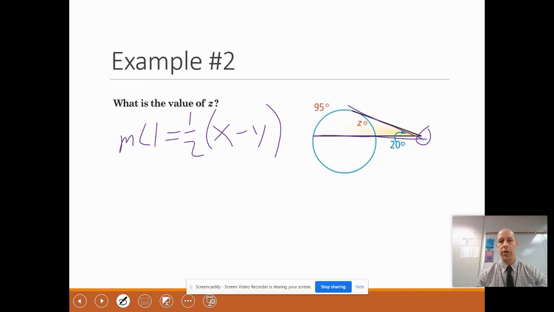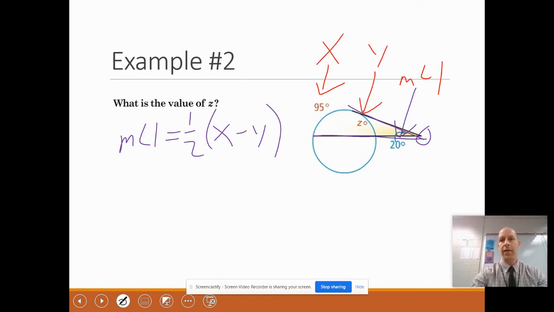Here is our angle 1, the measure of angle 1. I'll call this one x, and this one over here the y in this formula.